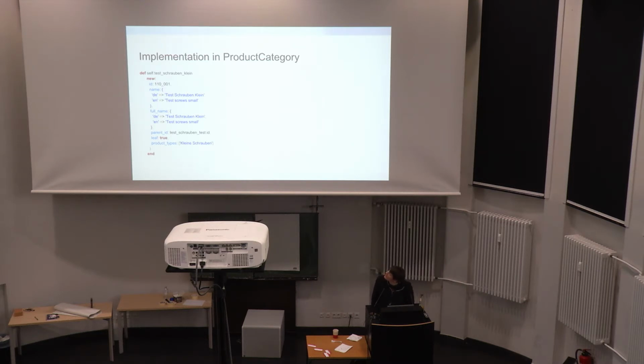And this is, for example, the implementation in the product category model. So you call new on it, and also pass the seed data you want to have for this category. In this case, the name of the category in different languages. And we also have some full name data for SEO optimization. And as these product categories are built up in a tree structure, you can define the parent ID, which is then a reference to another method that implements the ID of the appropriate model.